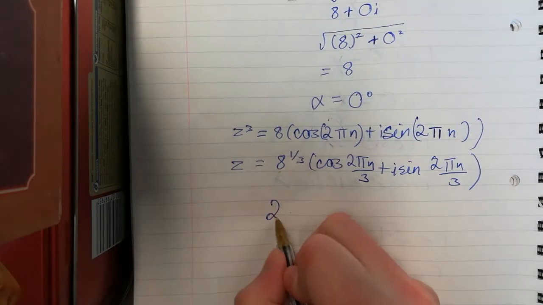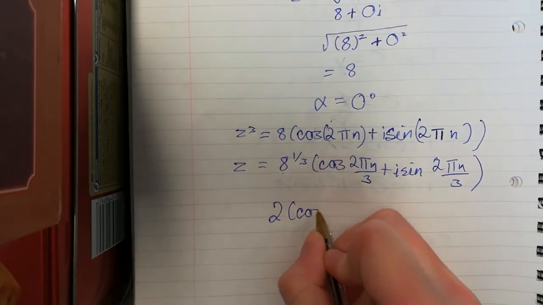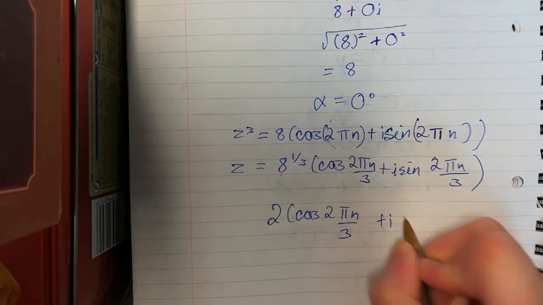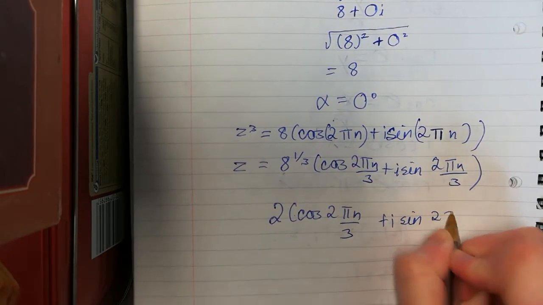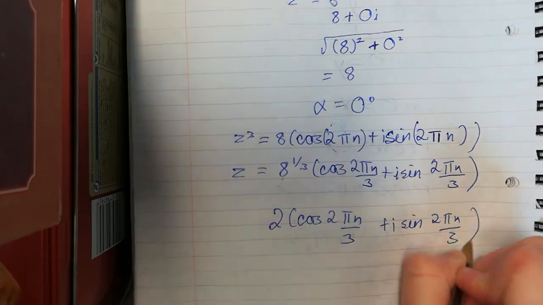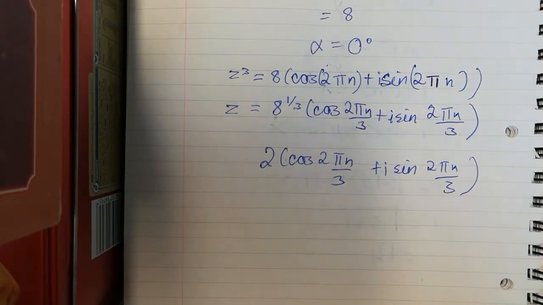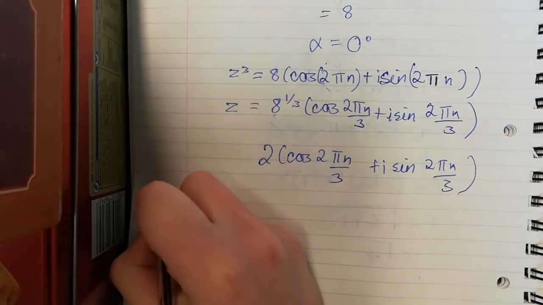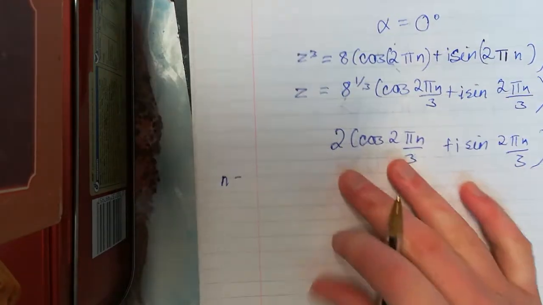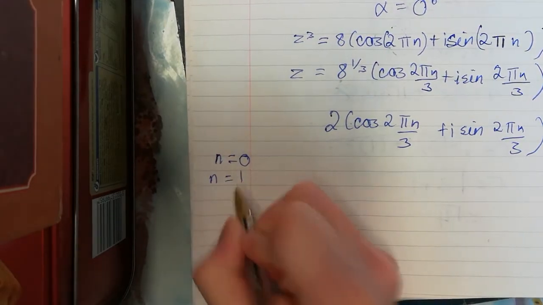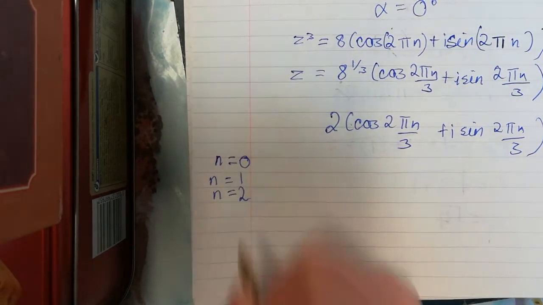So it is 2, by cos of 2 pi n over 3 plus i sin of 2 pi n over 3. Now, because z cubed is equal to 8, there's going to be 3 solutions. So for the first solution, n is going to be equal to 0. For the second solution, n will be 1. And for the third solution, n will be 2.